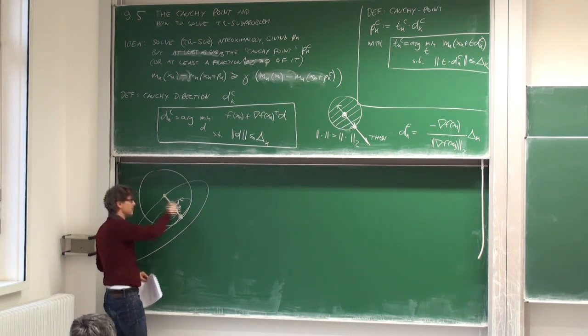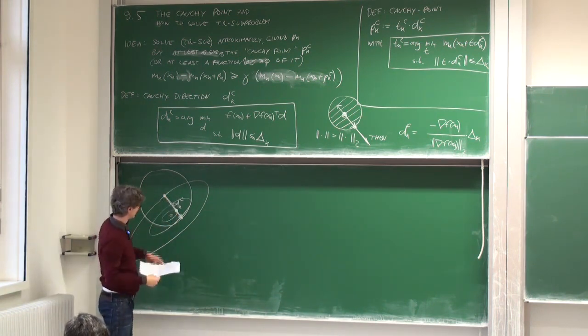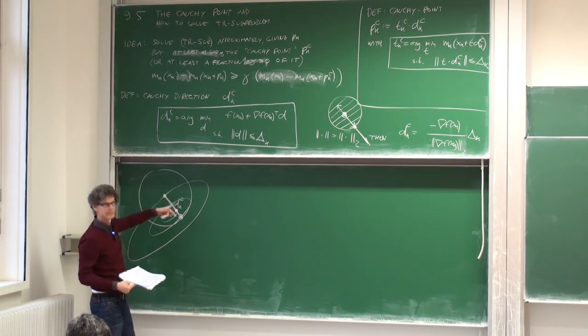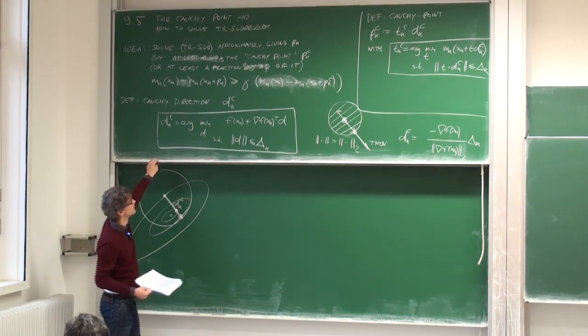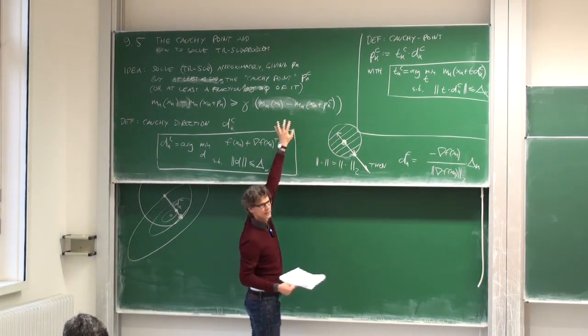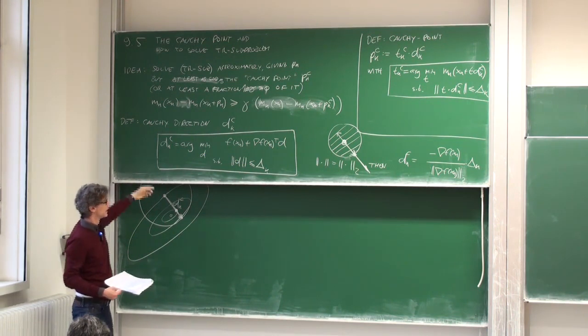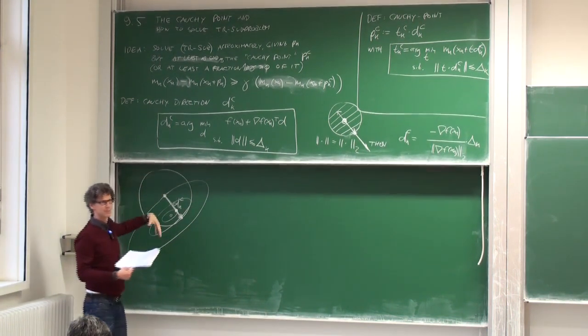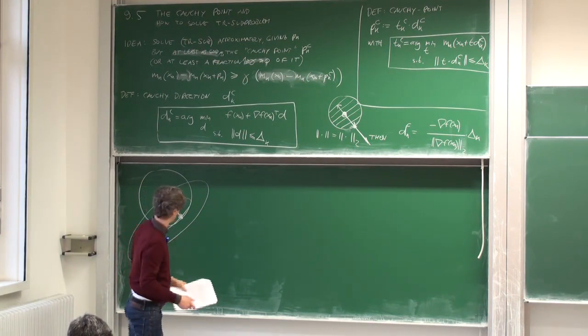But we minimize along this direction, so it will be better than the starting point. As long as the gradient is non-zero, we will have some change, so the improvement is definitely positive. It is always there, and whatever comes after the Cauchy point can only improve more. That's the idea.